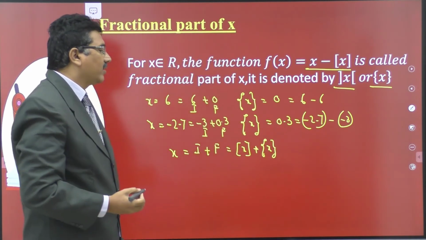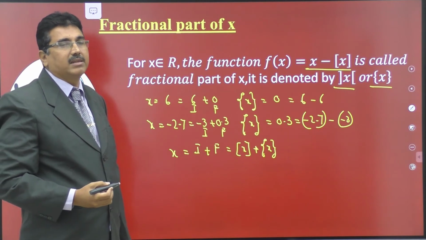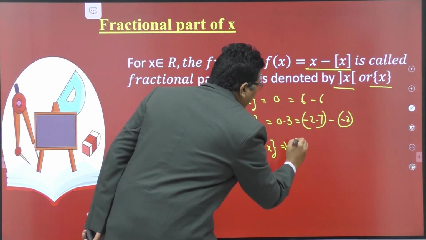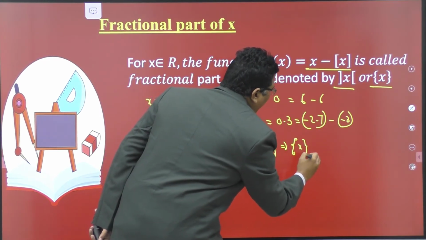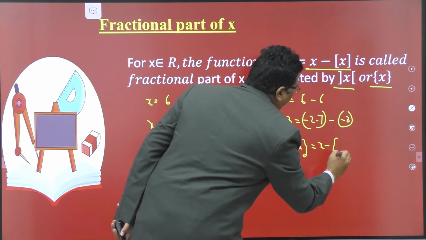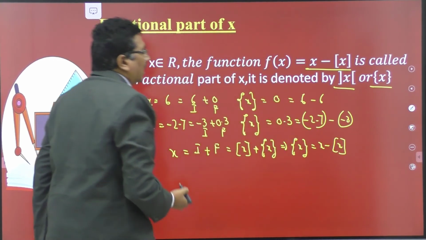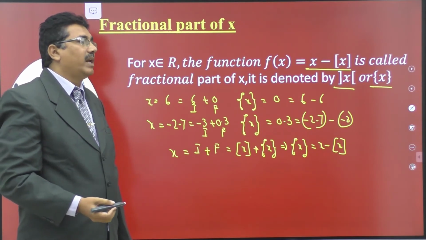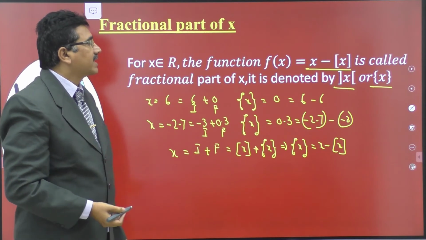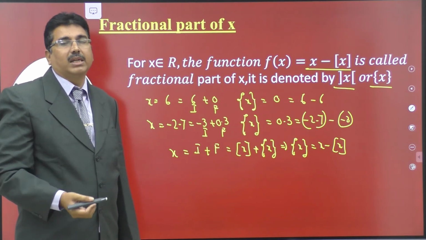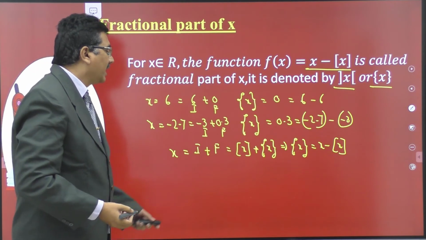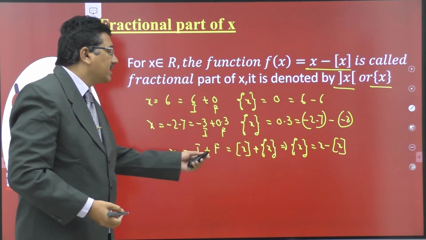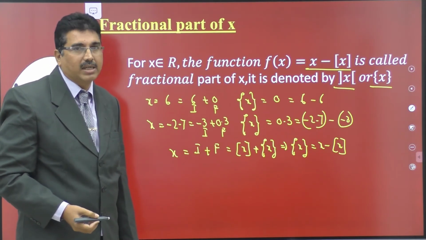So x is equal to floor of x plus flower bracket x, that implies flower bracket x is equal to x minus floor of x. That is the fractional part of x. Simply, every real number can be written as the sum of integral part and fractional part, and this function always denotes the fractional part.